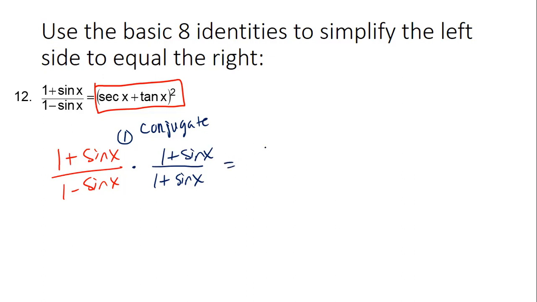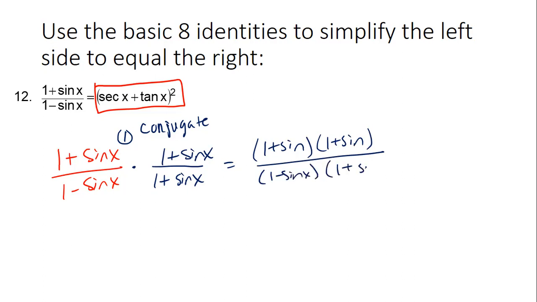So this is going to give me 1 plus sine x times 1 plus sine x, all over 1 minus sine x times 1 plus sine x. Which equals, so I'm going to FOIL and use difference of 2 squares.